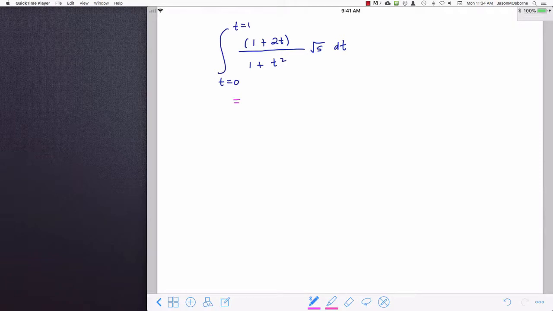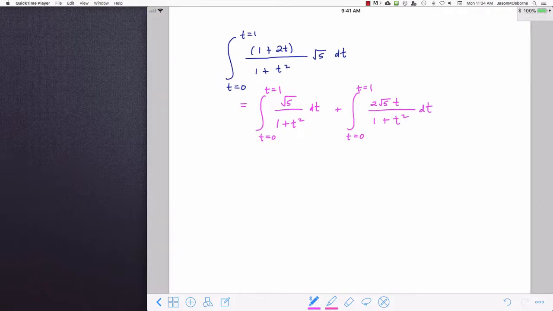I can see this being split into two integrals: t equals 0 to t equals 1, square root of 5 over 1 plus t squared dt, plus the integral from t equals 0 to t equals 1 of square root of 5t over 1 plus t squared dt.